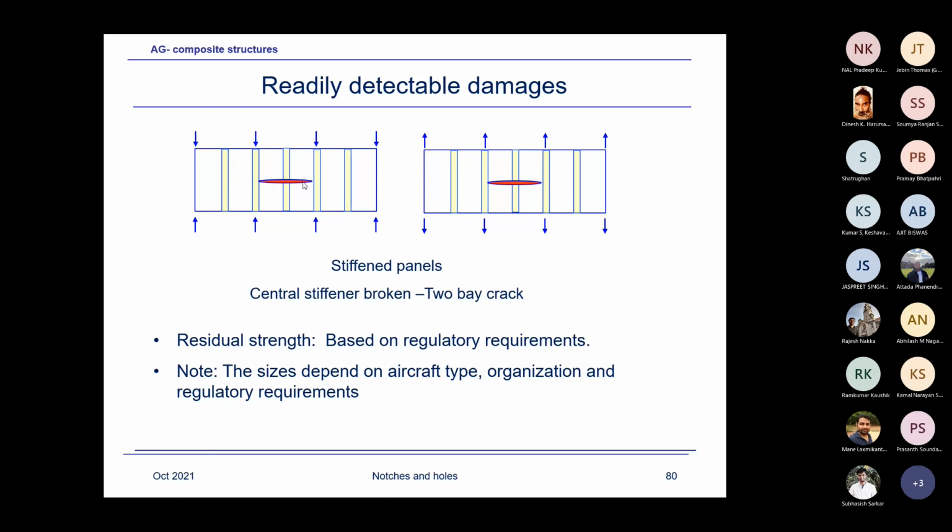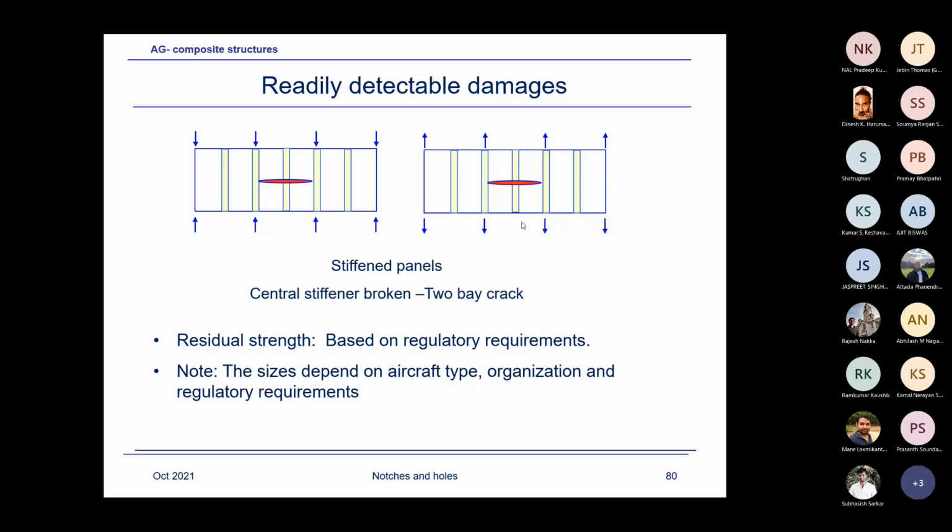Okay, having discussed that, let me come back to this phenomenon over here. I'm showing this because when you want to solve this problem, there is a simple stiffened structure.